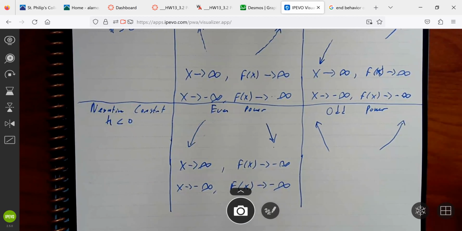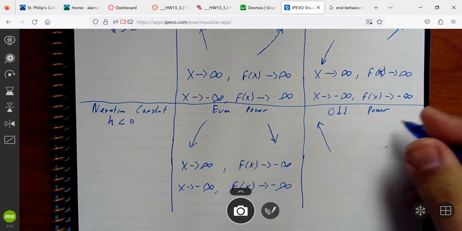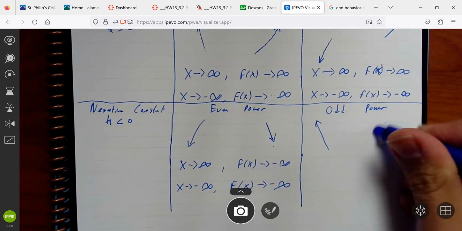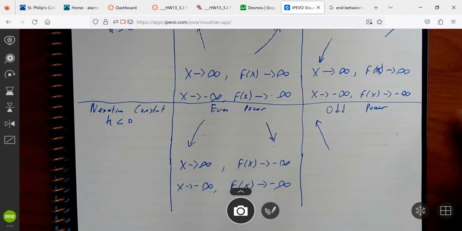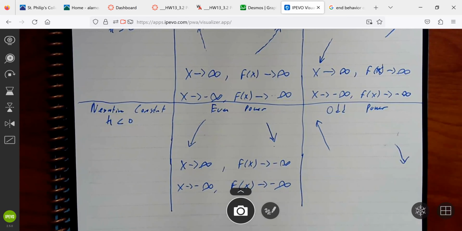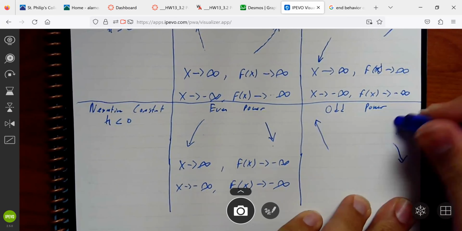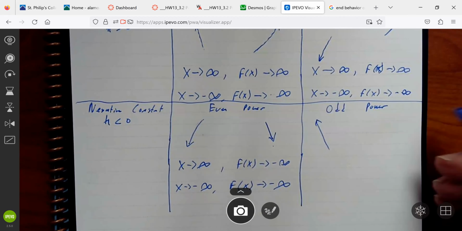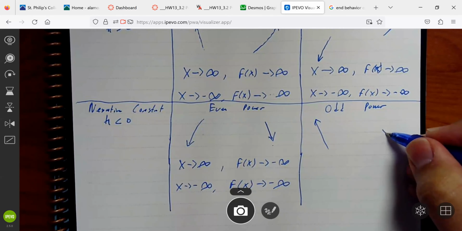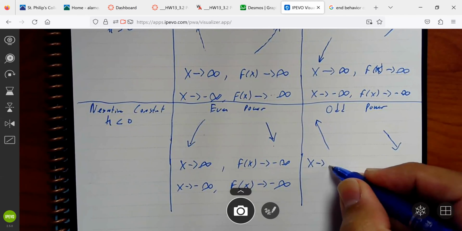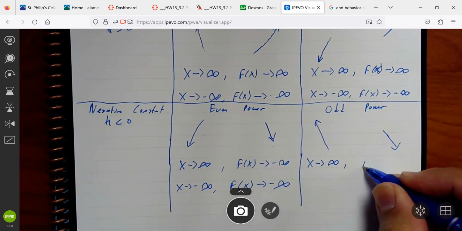Okay, when it goes to infinity, this one goes to negative.